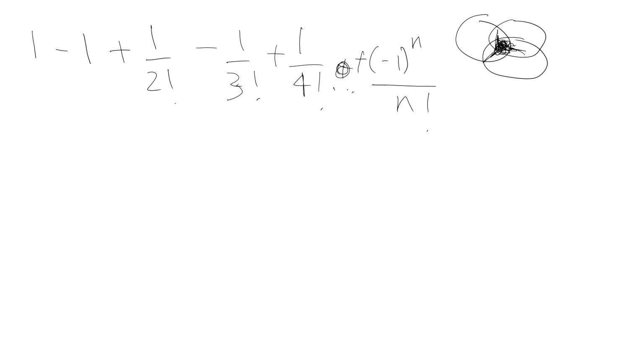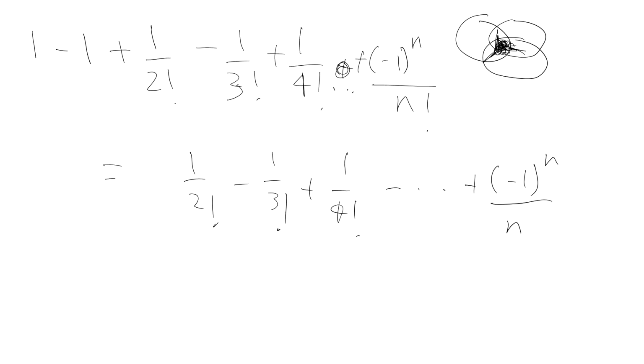This is what it goes on like. So ultimately it will become 1 by 2 factorial minus 1 by 3 factorial plus 1 by 4 factorial, dot dot dot, plus minus 1 to the power n by n factorial.